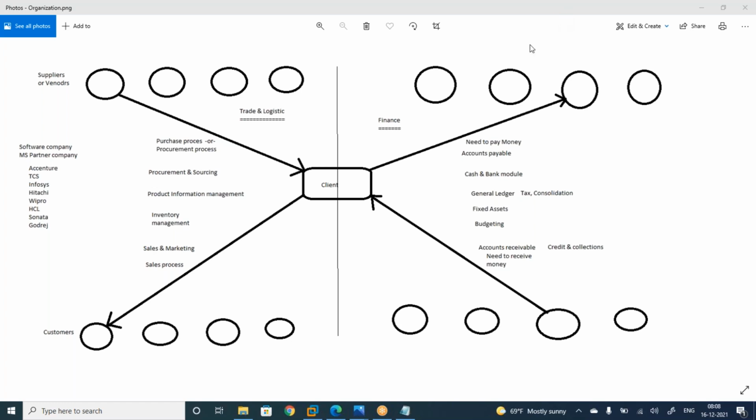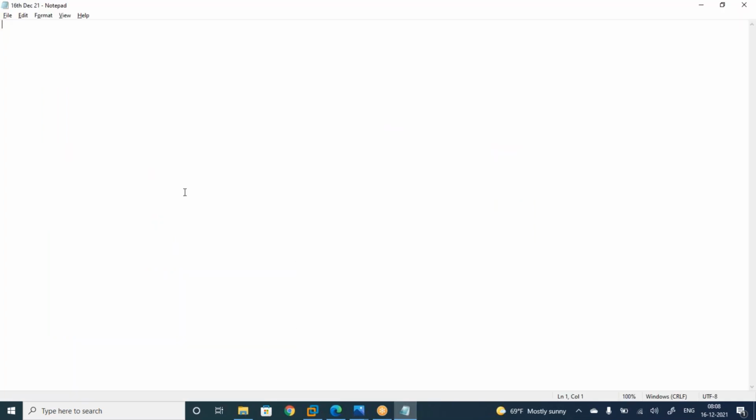Fine. Now let me open the notepad. So if it is a vendor invoice, you need to remember for vendor what happens, debit or credit. Because you are receiving material, then I need to pay money.